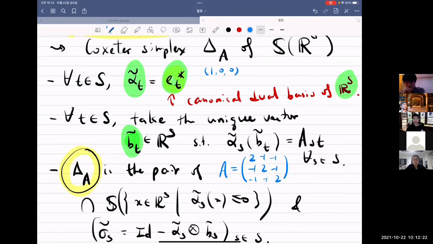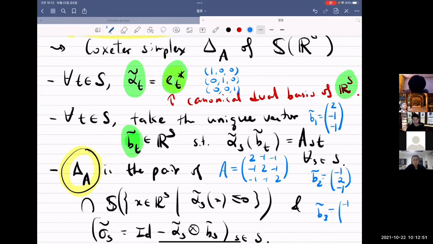I will write these linear functionals as row vectors: 1, 0, 0, 0, 1, 0, 0, 0, 1. Okay, so these are the linear functionals. And then my bt tilde, for example, b1 tilde will be 2, minus 1, minus 1, and b2 tilde will be minus 1, 2, minus 1, and b3 tilde will be minus 1, minus 1, 2. Okay.